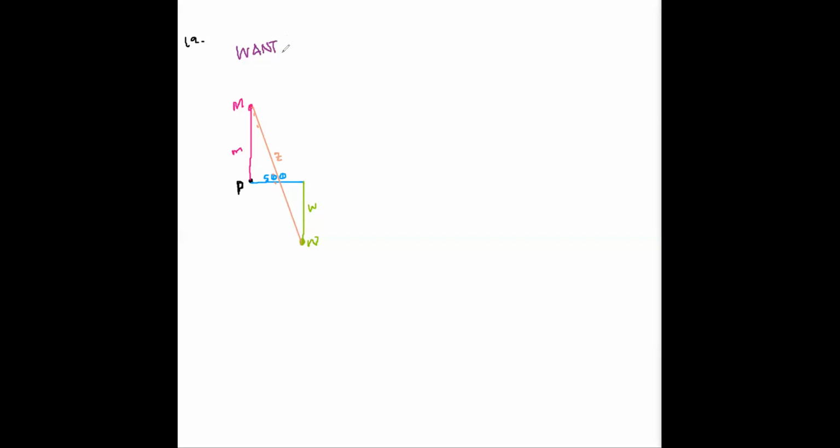Well, they want the rate that the man and woman are moving apart after 15 minutes. So I guess that would be dz dt. So the rate at which they move apart.